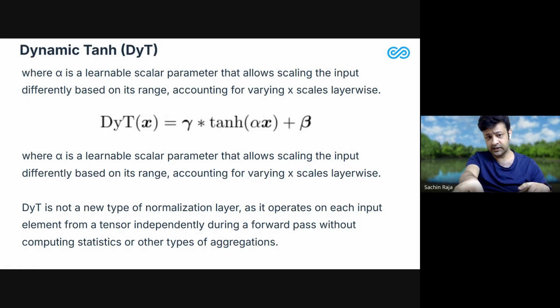But what this function does is make that scaling and shifting operation independent of the statistics. So the memory bandwidth issue gets resolved by this function, and from there it gets the efficiency.